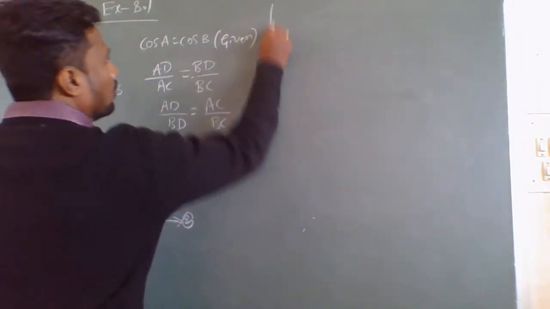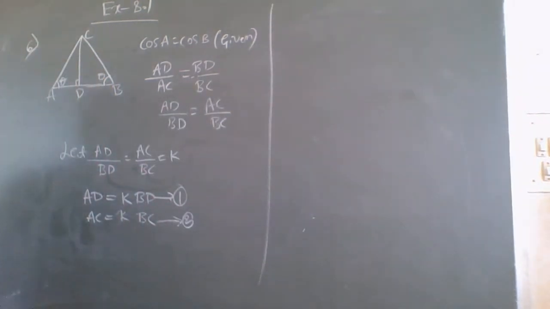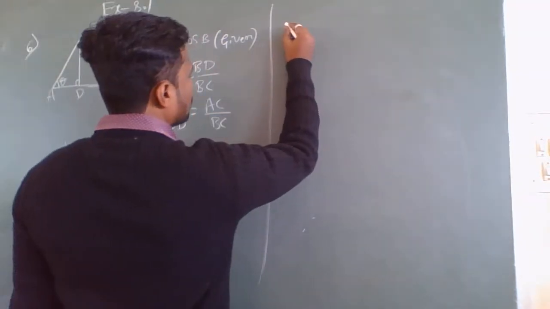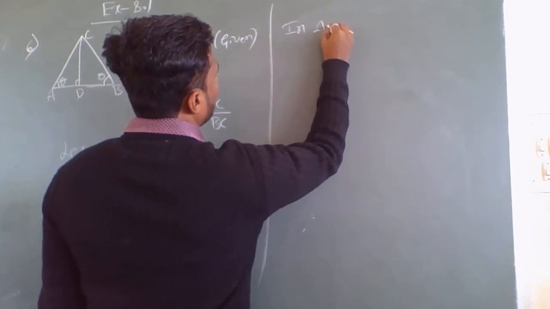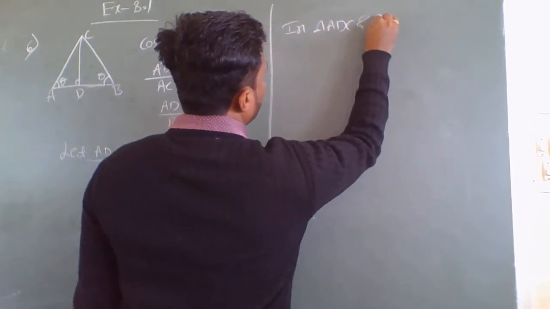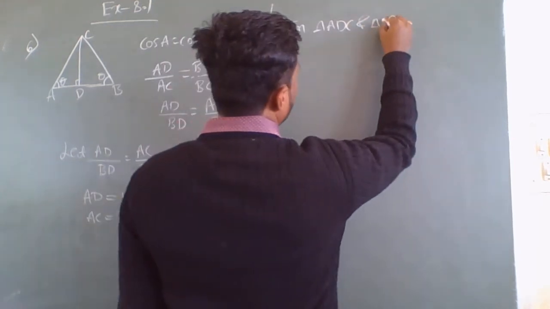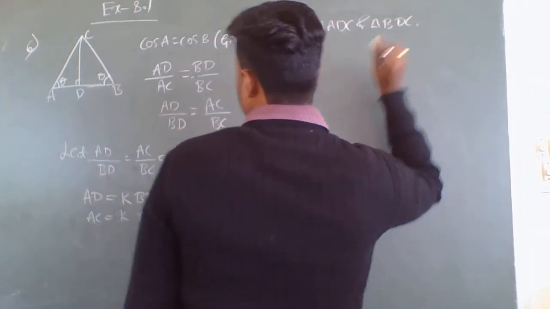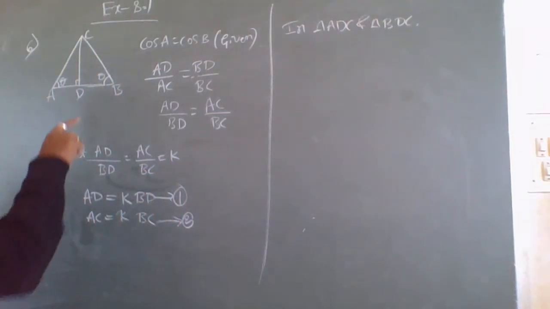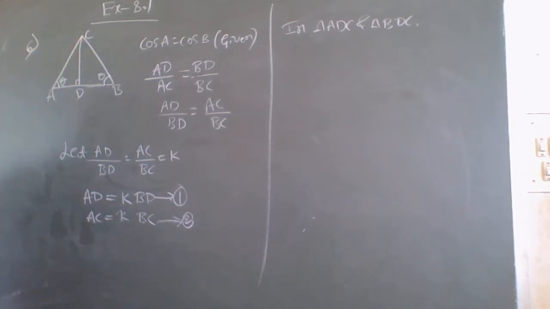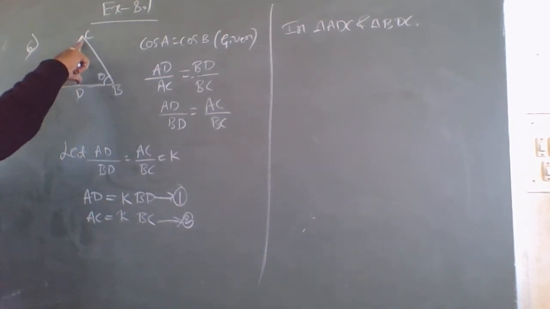So now we will apply the Pythagoras theorem to both these triangles, in triangle ADC and triangle BDC. This CD is common in both triangles, line CD is common in both.